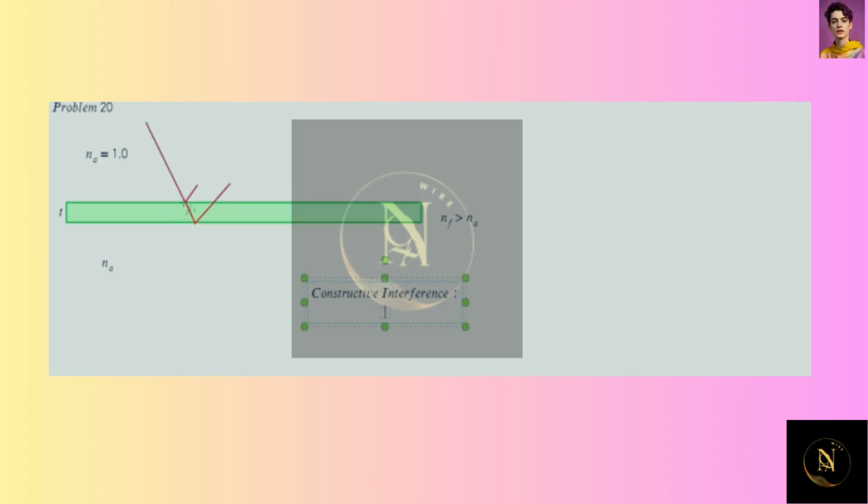As light strikes the boundary, it's going from a lower refractive index to a higher one. So we're going to experience a phase shift here at this reflection of 180 degrees. So a phase shift of 180 degrees can be symbolized as a path length difference of lambda over 2.